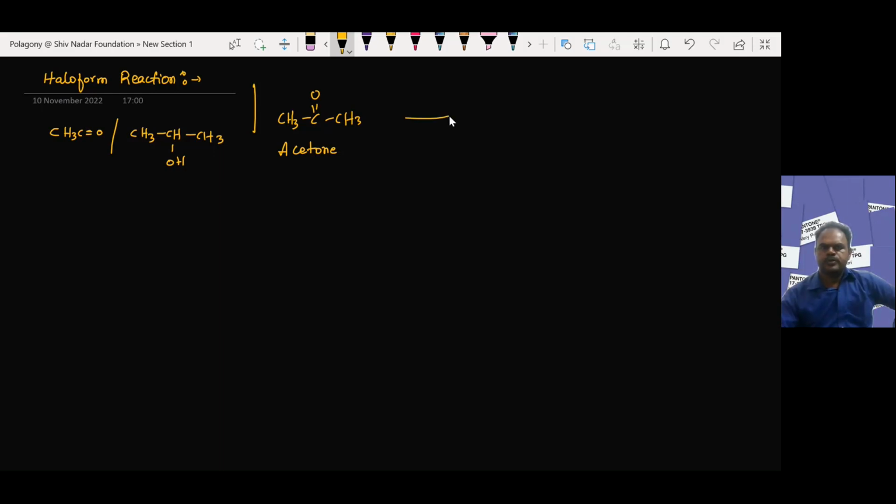When this propanone is treated with sodium hypobromite or sodium hypochlorite, the acetone is transformed into CH3COO minus plus CHBr3.